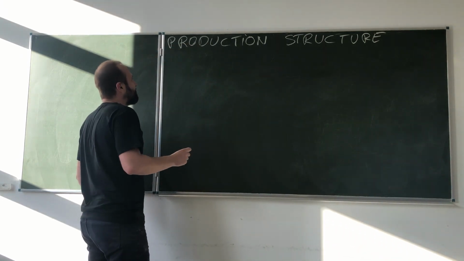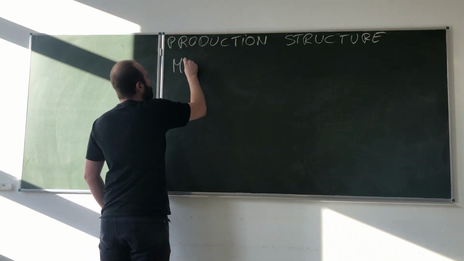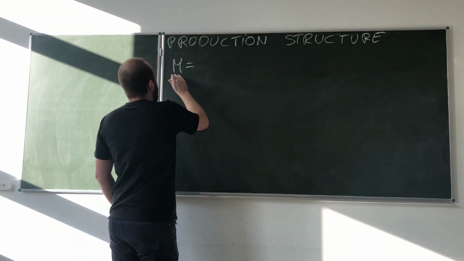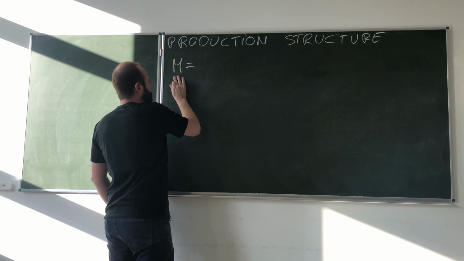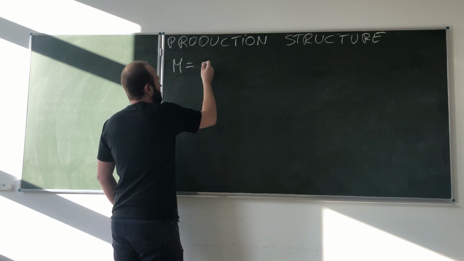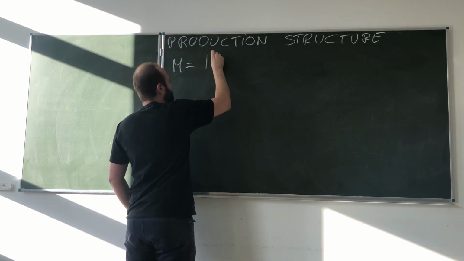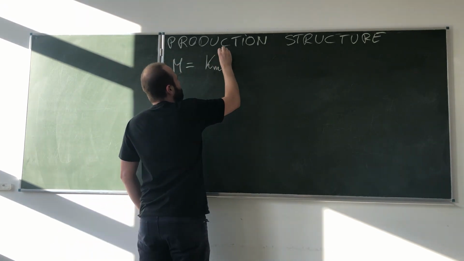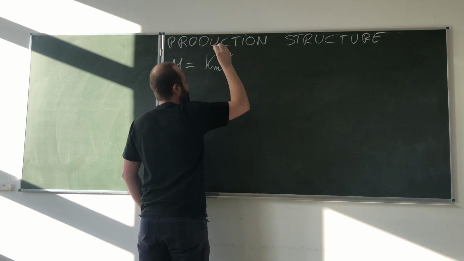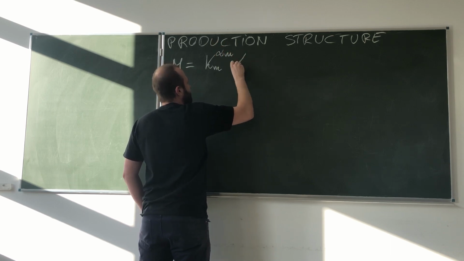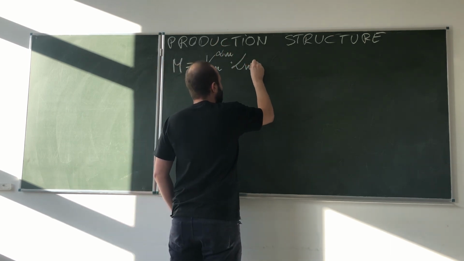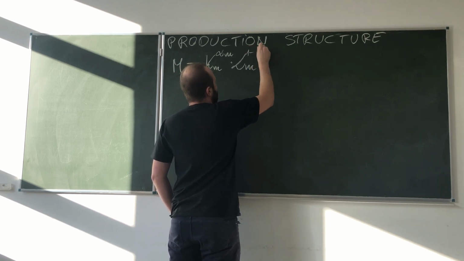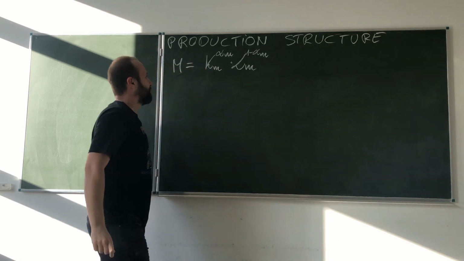To make things simple, we will be using Cobb-Douglas production function. So look, the number of manufacturers produced in the economy depends on capital used in the production of manufacturers taken to the power alpha m times labor in the production of manufacturers to the power 1 minus alpha m.